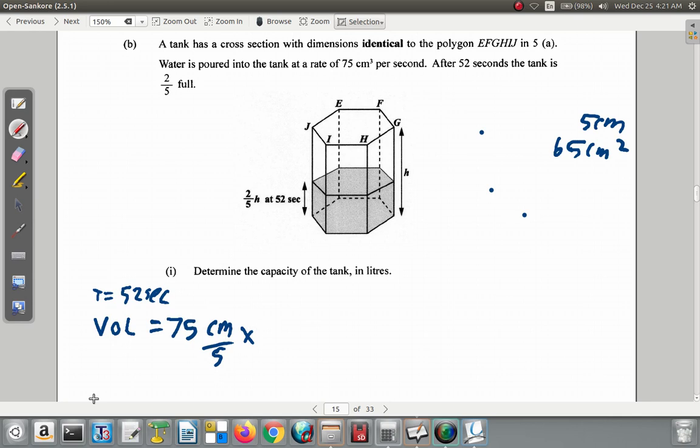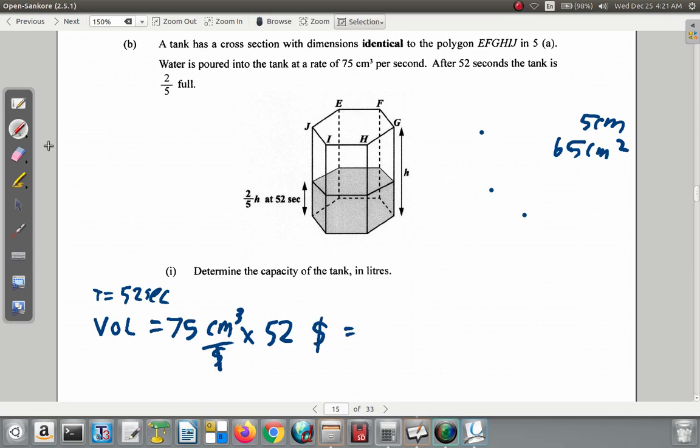The more seconds that pass, the more water is in the container. So it must be multiplied by 52 seconds. Notice also seconds would cancel seconds, leaving centimeter cube. I didn't put the cube there. Always make sure to put the proper units. Seconds would cancel seconds, giving you volume.